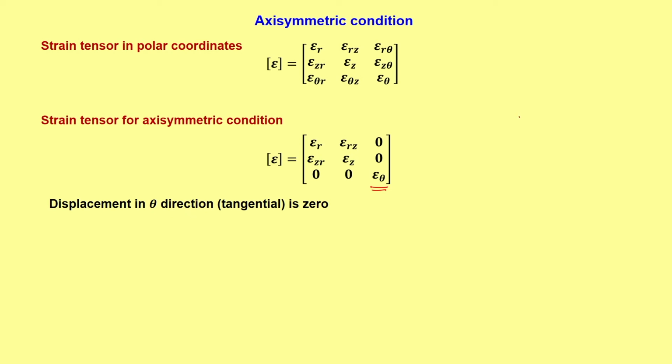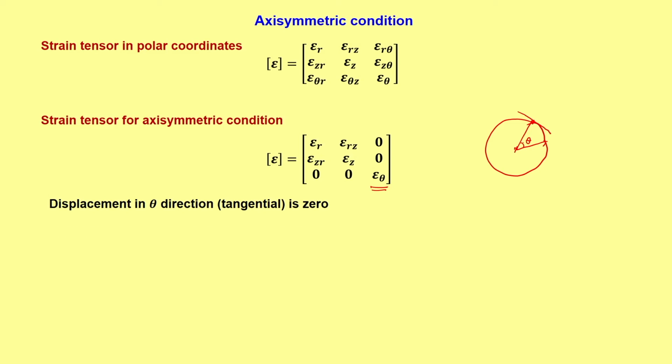So, if I represent it, this is the reference, this is theta. Theta direction means this is the tangential direction. If you draw a tangent here, we define theta based on the tangent. What it means is that displacement in this direction is 0. If displacement is 0, then why is epsilon theta non-zero?